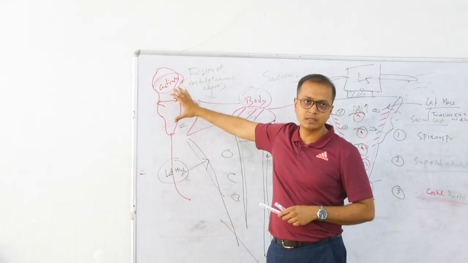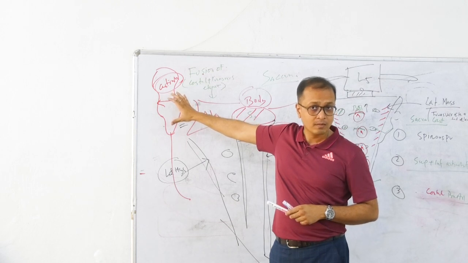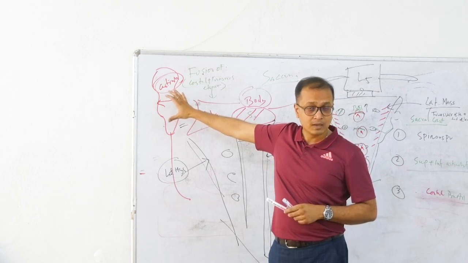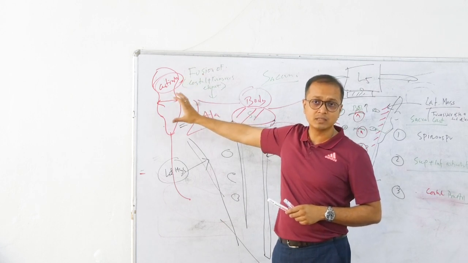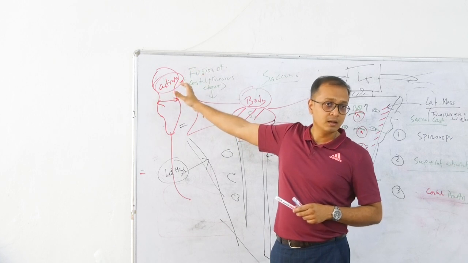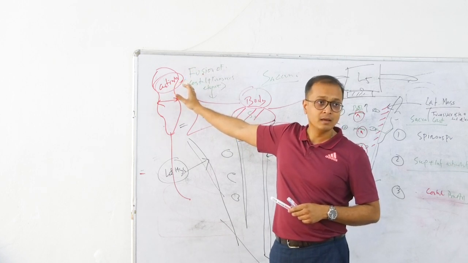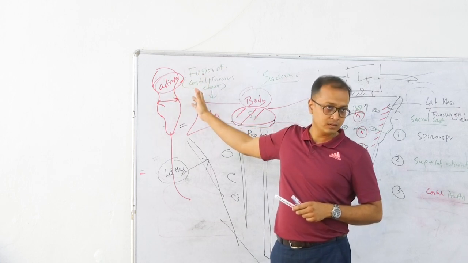It's making a joint with the hip bone. So what is the joint called? Sacroiliac joint. So how many sacroiliac joints will be there? Two. What are they? Right and left. So right sacroiliac joint, left sacroiliac joint.